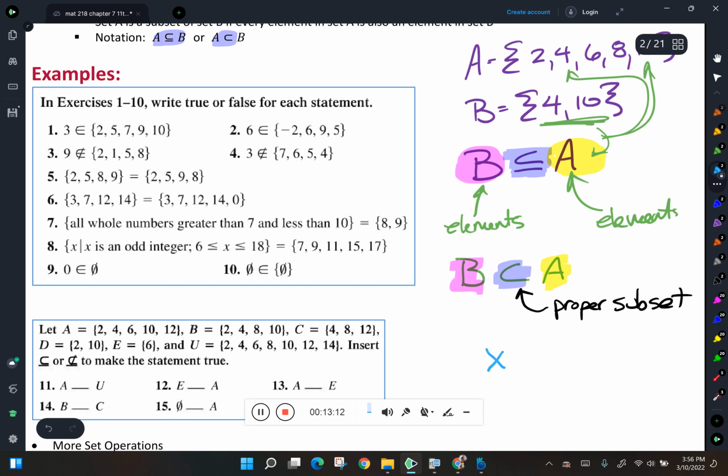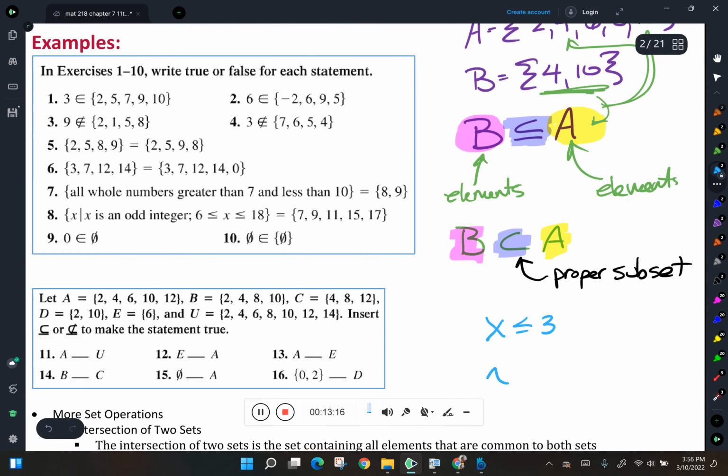What's the difference between saying x is less than or equal to 3 and saying that x is less than 3? Do you see how this first one implies that there could be equality, but the second one says that they can't be equal, it has to be just smaller than 3?